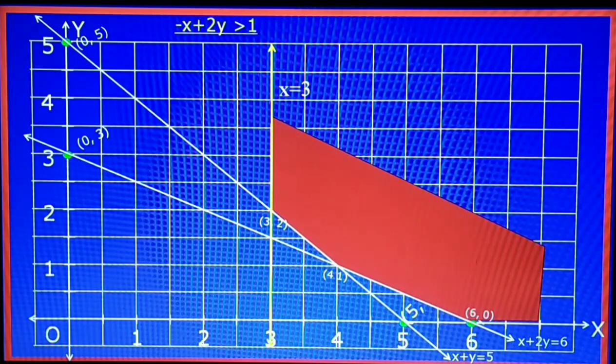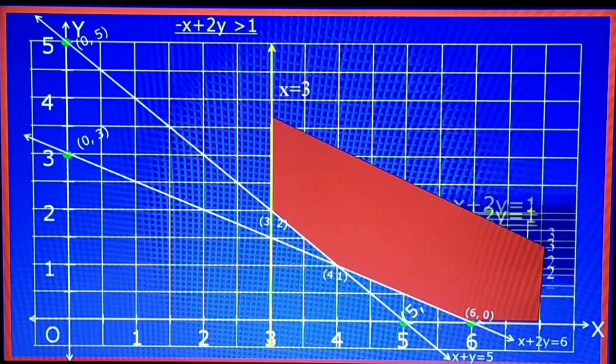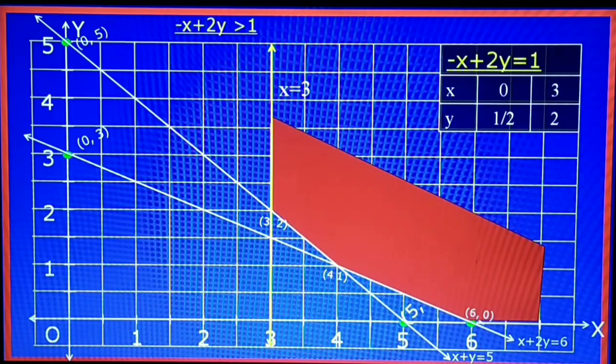Consider the inequality minus x plus 2y, that is z, is greater than the maximum value which we have got, that is 1. Corresponding to this inequality, the equation is minus x plus 2y is equal to 1.